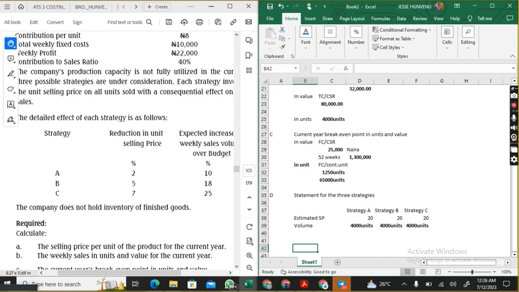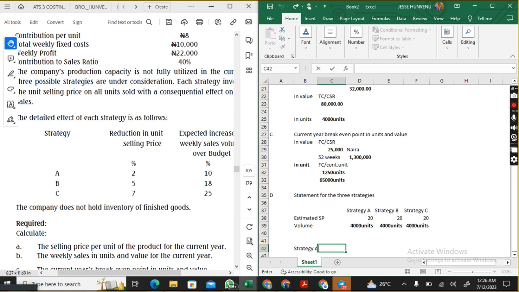Okay, for strategy A, I'm looking at how to do it. They said by how many percent? Reduce or increase? Reduce, 2%.